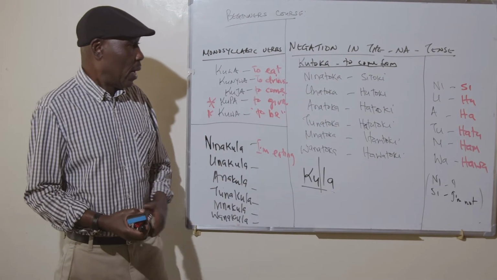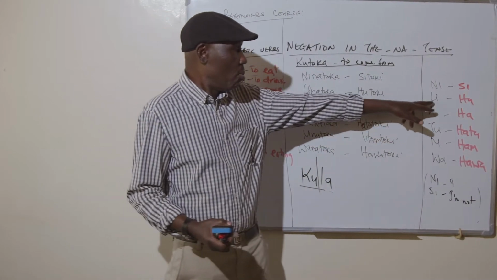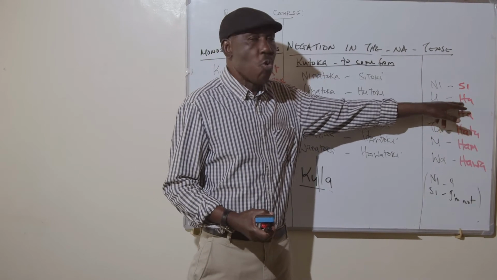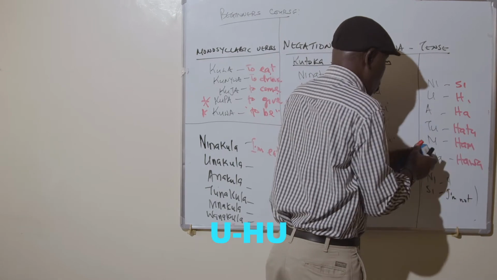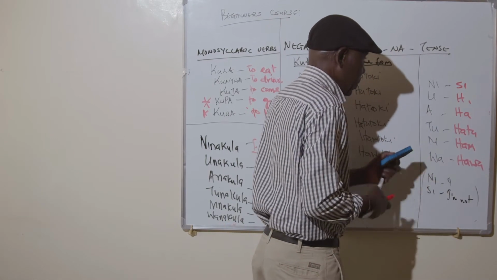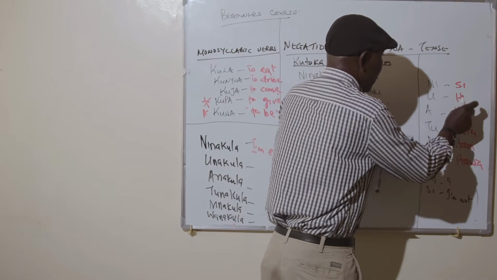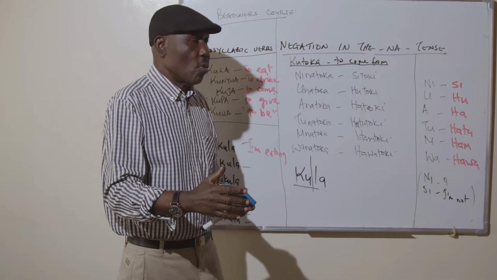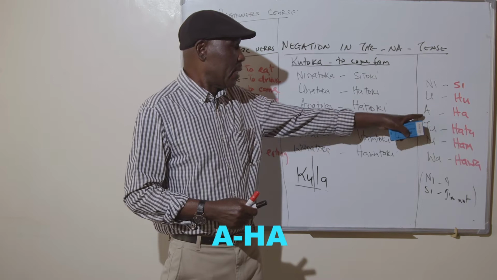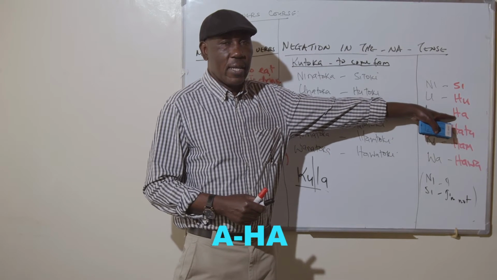So the u will be negated hu. Hu is negated hu. Is negated ha.